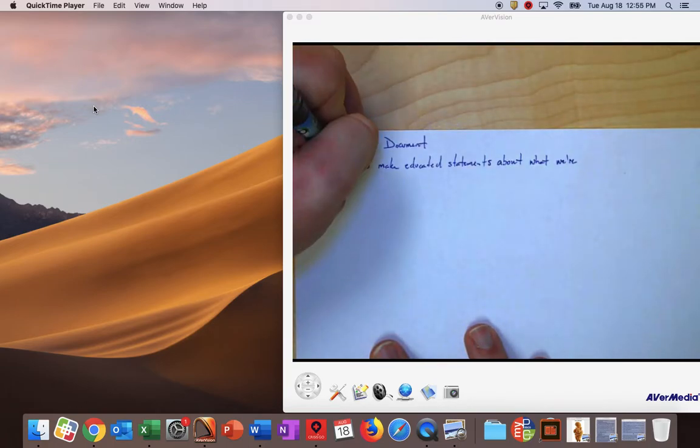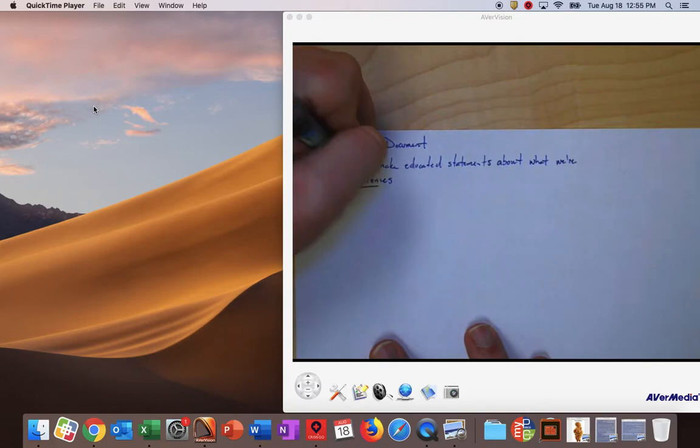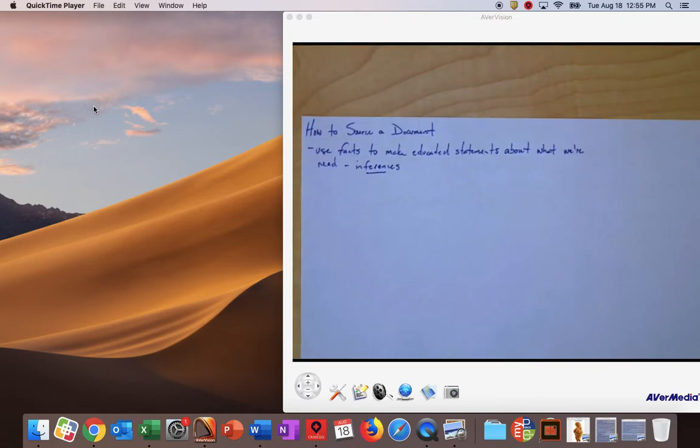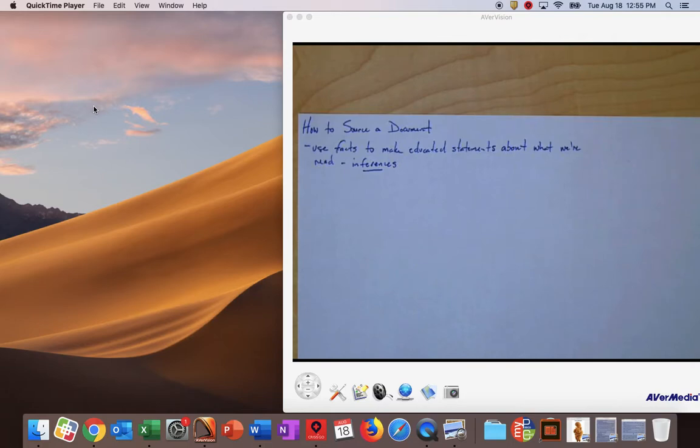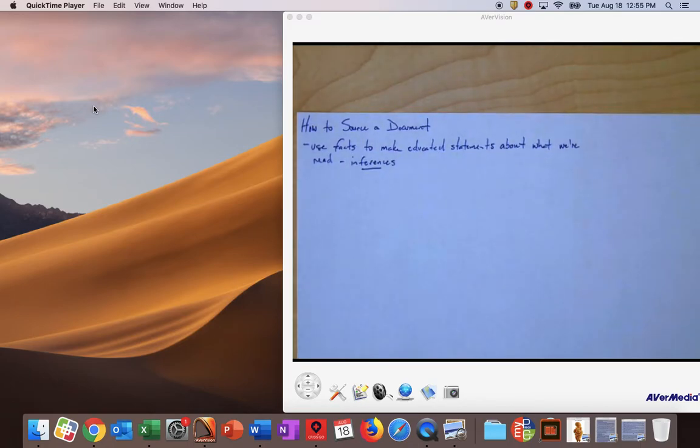And we call these inferences. So what we're going to be practicing is how to make an inference. These are educated statements based on facts. Again, the facts that we're basing these statements on are the ones we talked about in video 2 about the Paleolithic and the Neolithic societies.